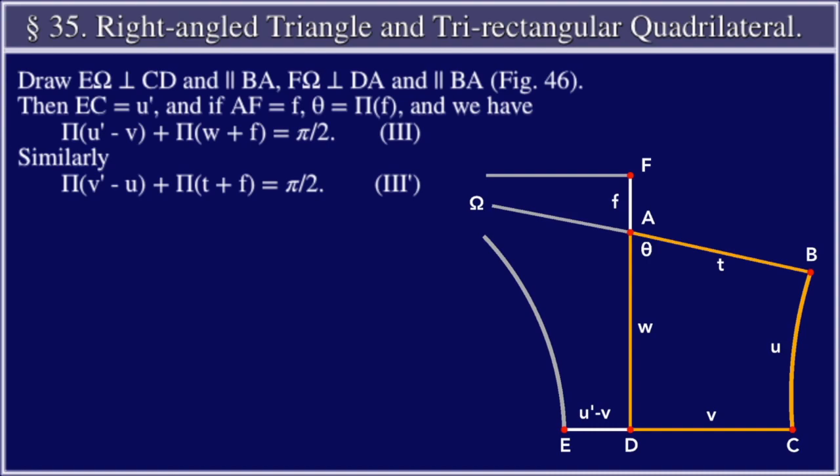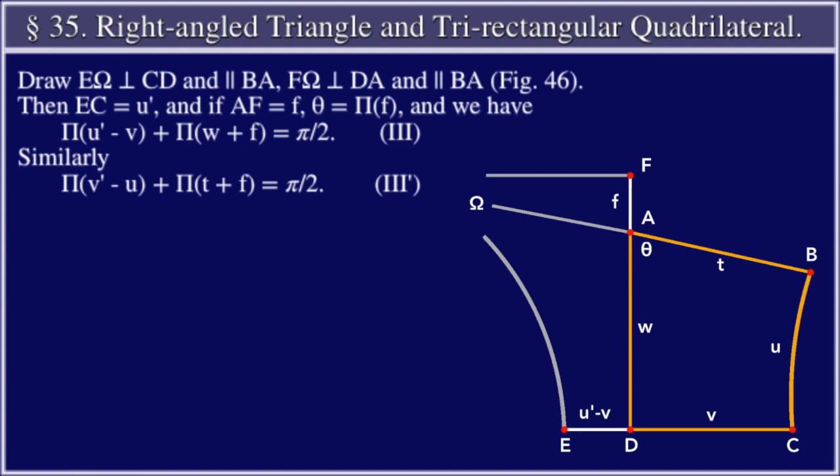Then EC is equal to U prime, and if AF is equal to F, θ is equal to the parallel angle of F. And we have the parallel angle of U prime minus V plus the parallel angle of W plus F is equal to π over 2, equation III. Similarly, the parallel angle of V prime minus U plus the parallel angle of T plus F is equal to π over 2.